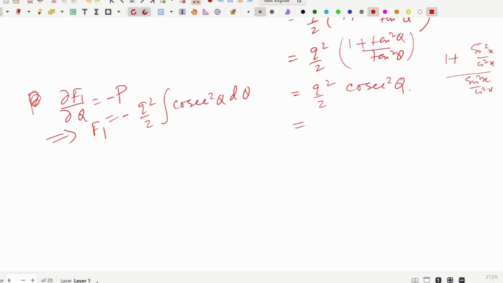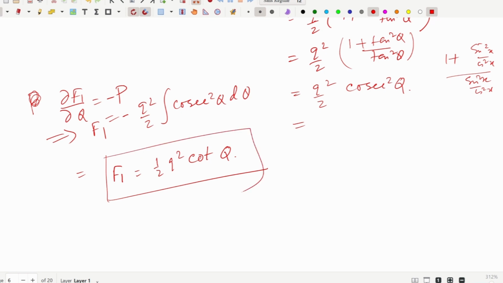Okay. So, this F1 we can calculate. F1 equal to, the integration of cosec square Q, if you perform it, is minus cot Q. So, half q square cot Q. Okay. So, this will be plus some constant, and you can check that this will generate the transformation.